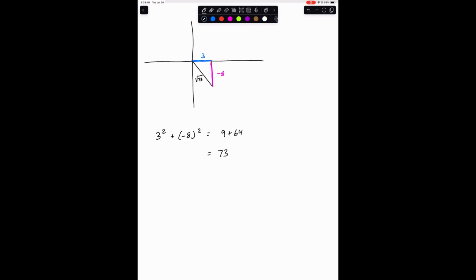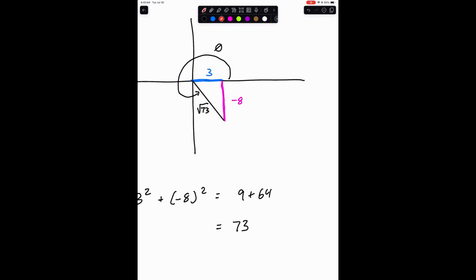Now our theta in this case goes all the way around. But again, we can use reference angles. Let's just redraw it. We use a reference angle, angle phi.